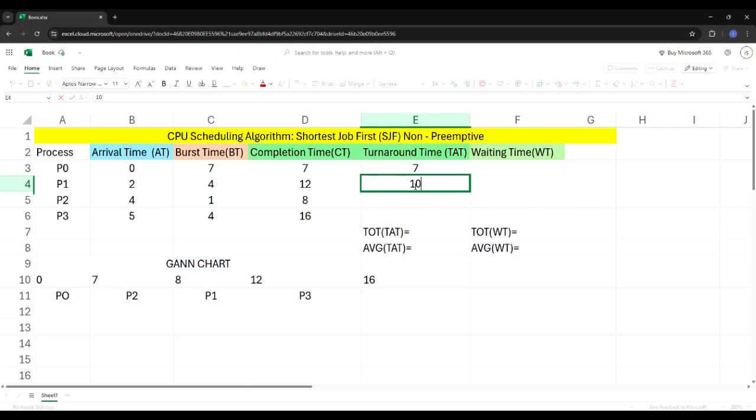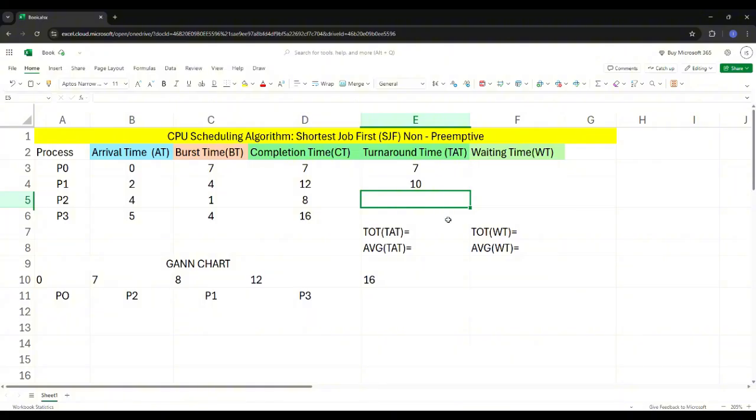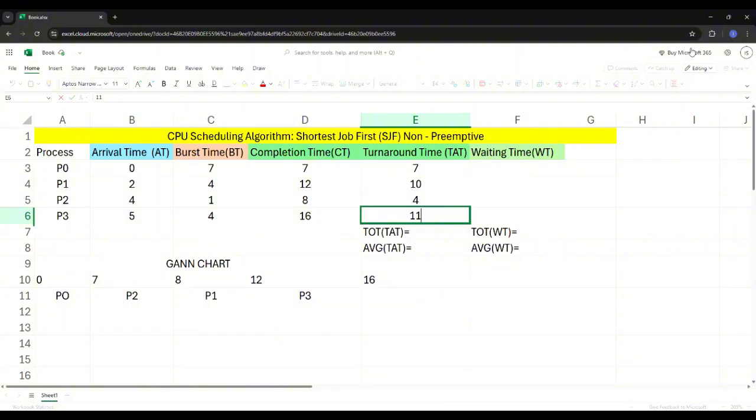P2 is 4, because the completion time is 8 and the arrival time is 4. 8 minus 4 equals 4. P3 is 11, because the completion time is 16 and the arrival time is 5. 16 minus 5 equals 11.